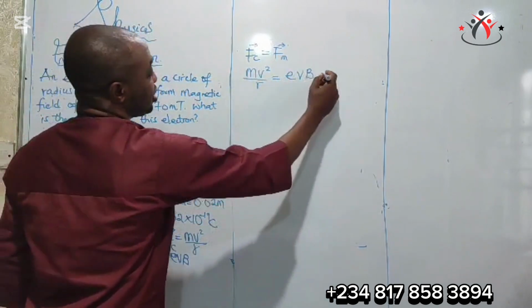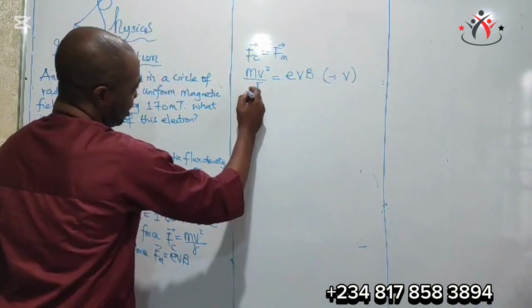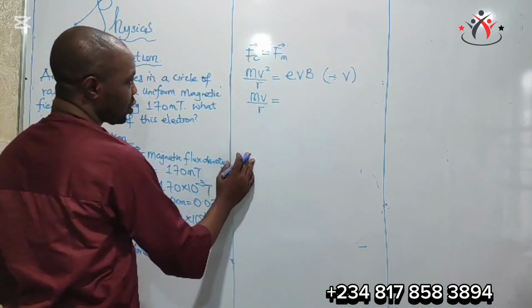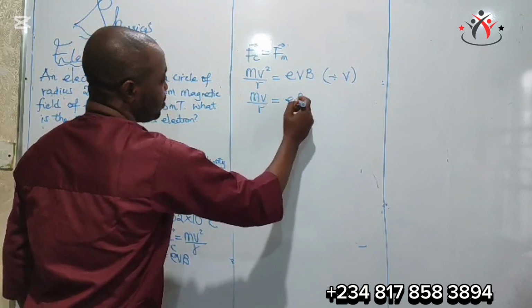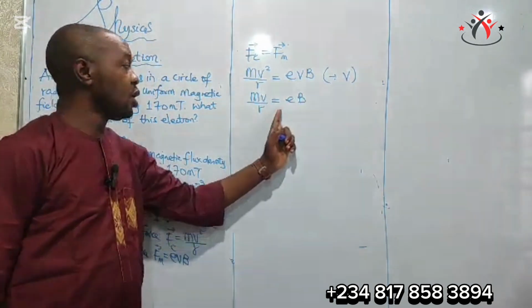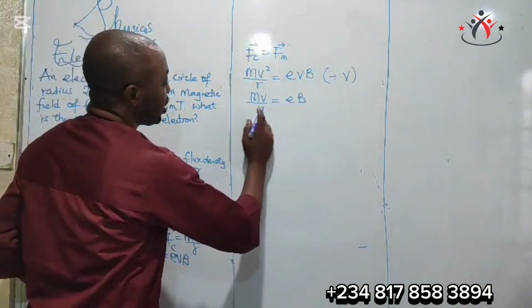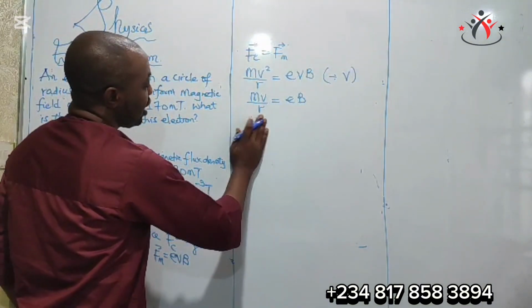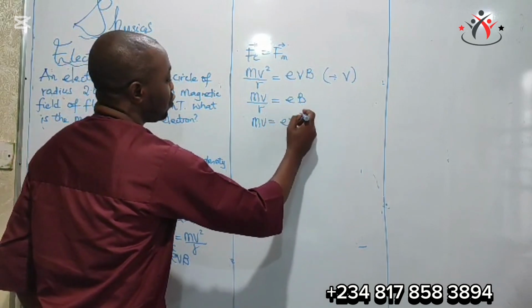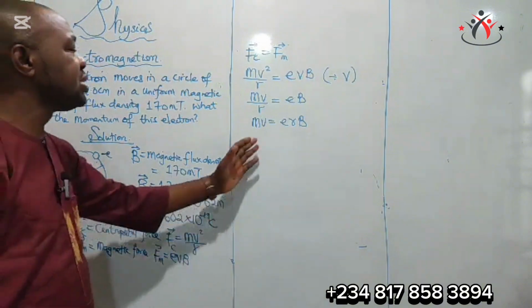Now when we divide this equation by v, we're going to have mv over r equals EB. That is, the equation will reduce to mv over r equals EB. Then we can write mv equals ERB.